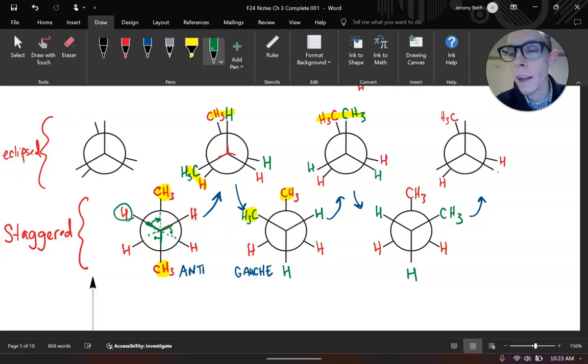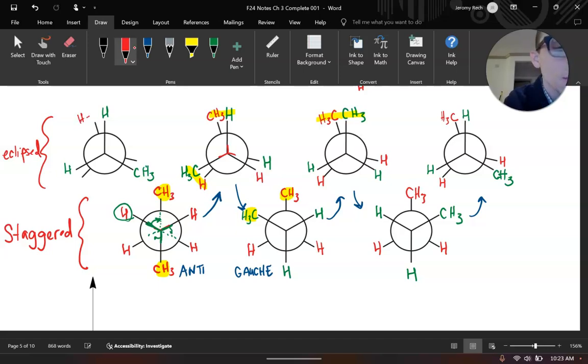And now I have my CH3 rotated one more clockwise, and then my hydrogen and my hydrogen. And this one is actually the same as the very first one. So I can redraw that one. Those are both my 0 and 360, if you will. So these are all our different possibilities.